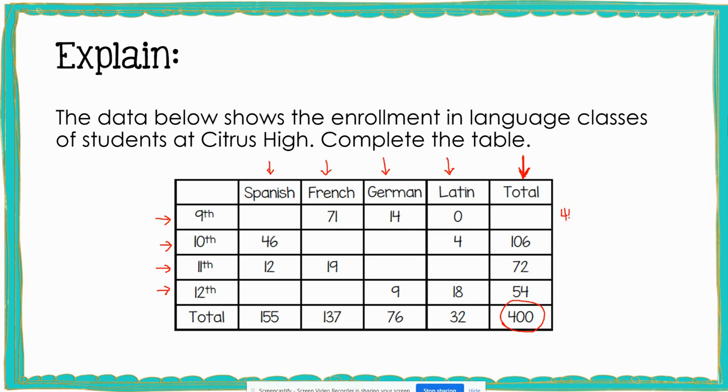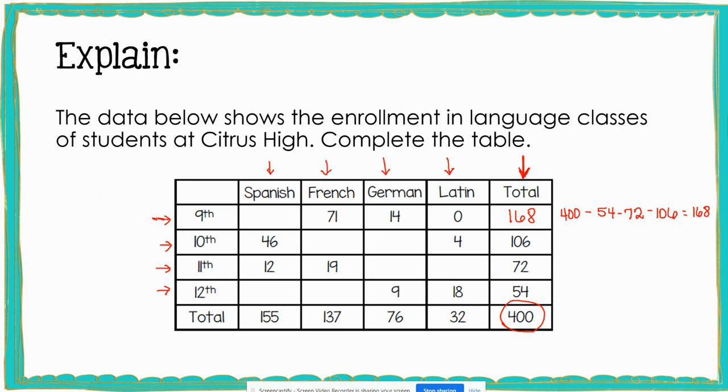So to find this number, I'm going to do 400 minus 54 minus 72 minus 106. So I'm just going to put that in my calculator and take all of those away from the total. And what I'll be left with is how many 9th grade students there are. Well, when I subtract that, I get 168. So that means that there is a total of 168 ninth grade students.